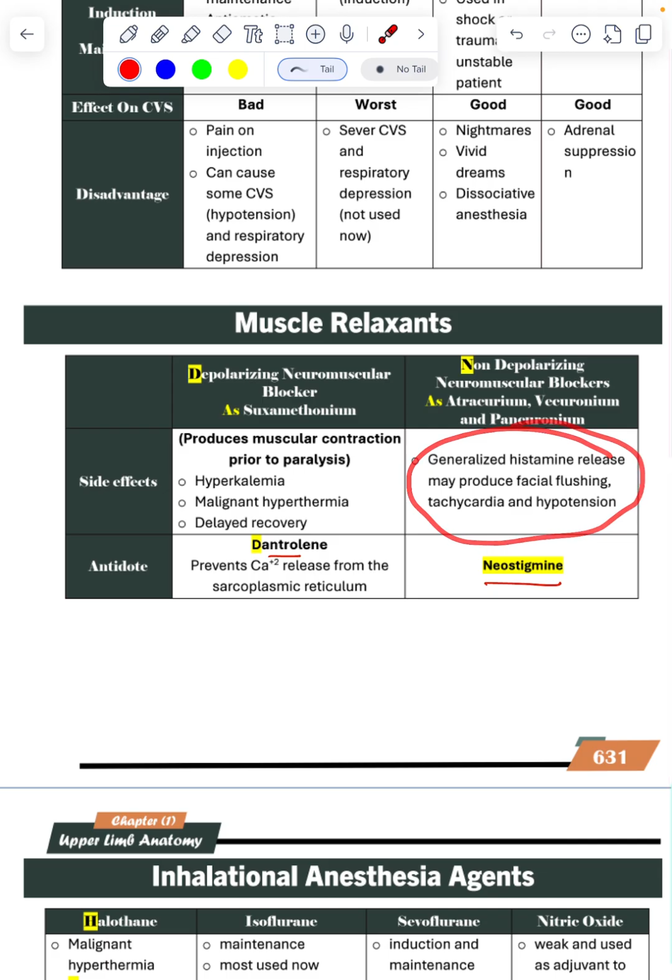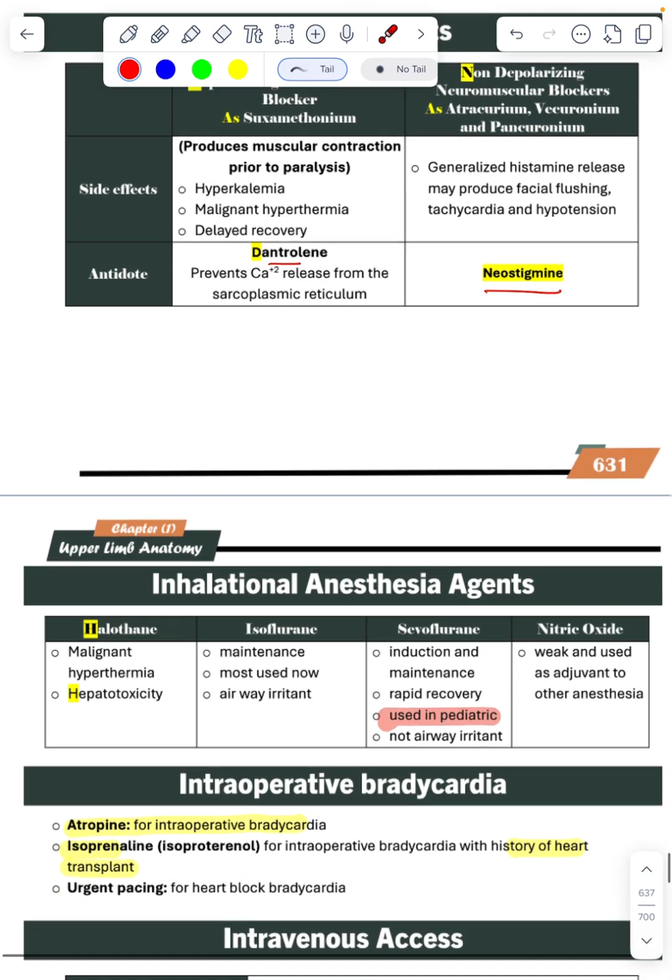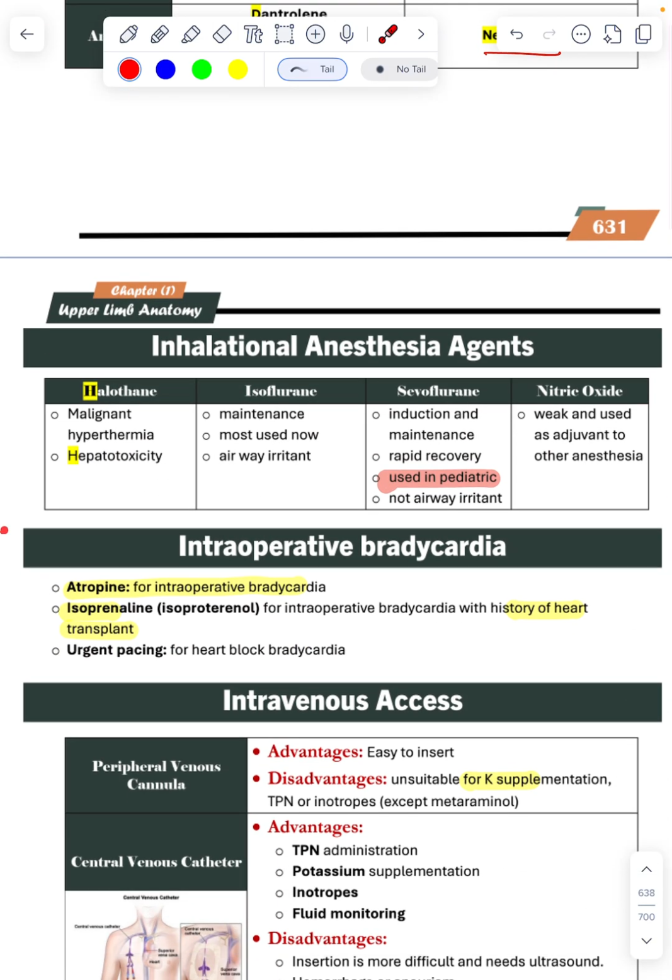Succinylcholine causes hyperkalemia, malignant hyperthermia, delayed recovery. Dantrolene is used for malignant hyperthermia, neostigmine for reversal. Halothane causes hepatotoxicity, malignant hyperthermia. Isoflurane is the most airway irritant. Sevoflurane for pediatric use, nitrous oxide adjuvant.